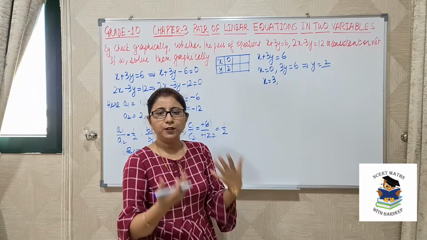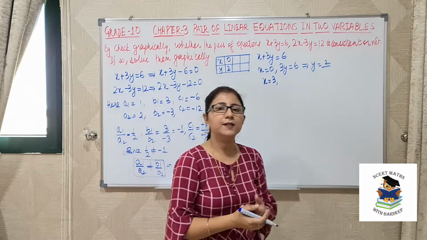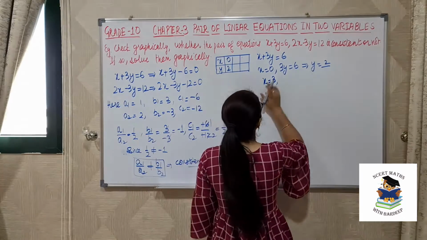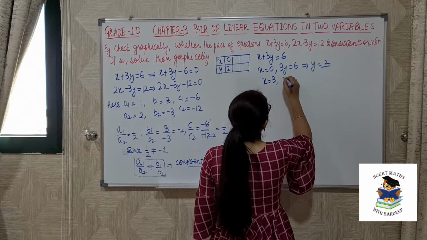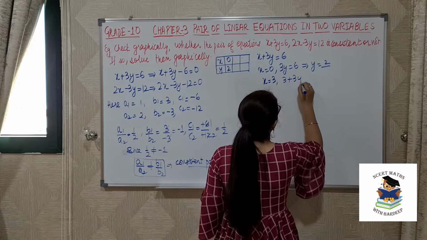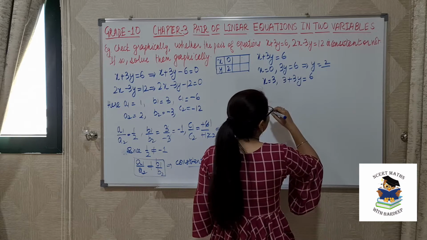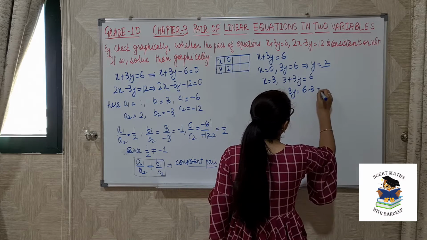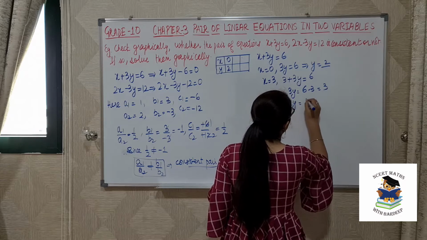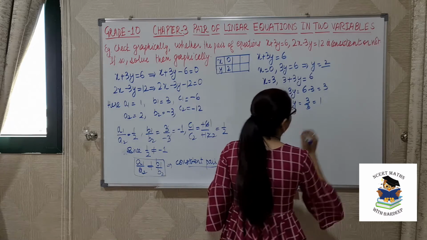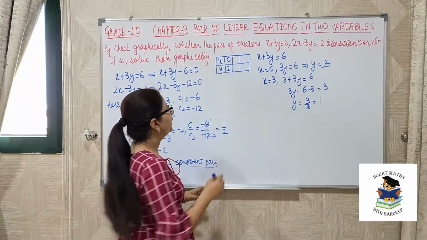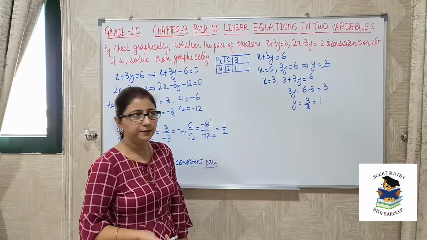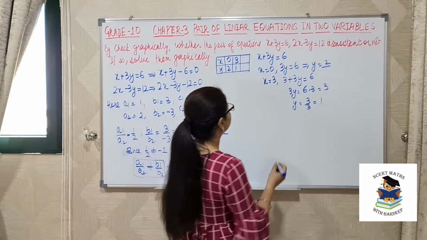Better to put only those values which give numbers without decimals. So if we put x as 3, then 3 plus 3y equals 6. What is 3y then? 6 minus 3, this is 3. And what is y? 3 by 3 is 1. So if x is 3, y is 1. Similarly, put x as 6.